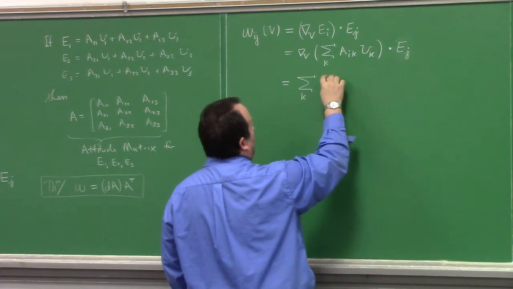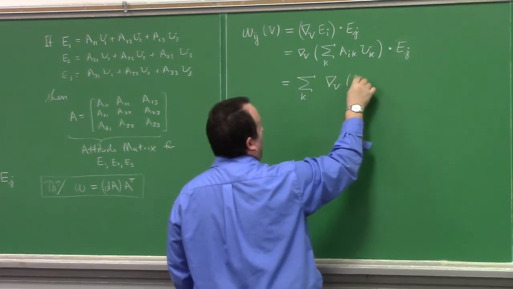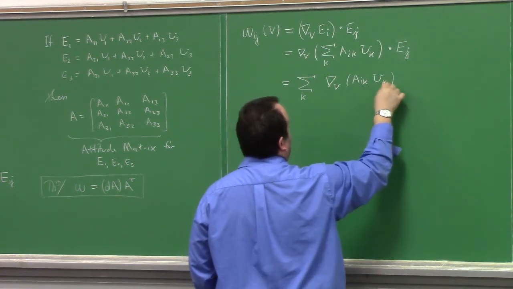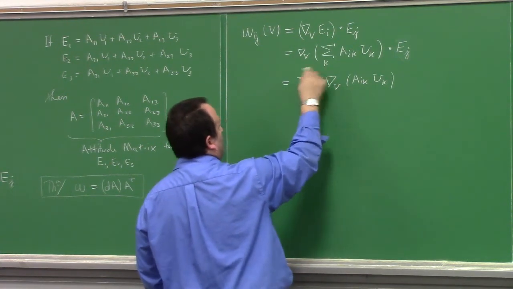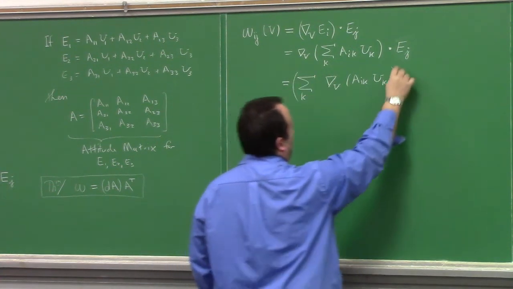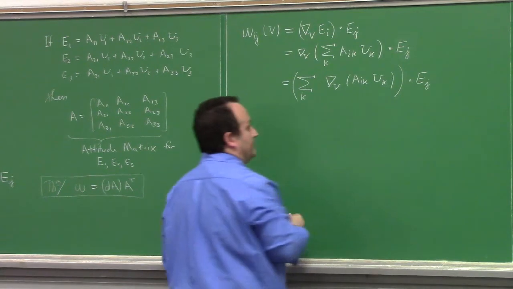So we have a covariant derivative in the V direction of A_IK UK, all of that. You put the parentheses before or after the sum, whatever. After all that, we take dot EJ. Okay, fine.